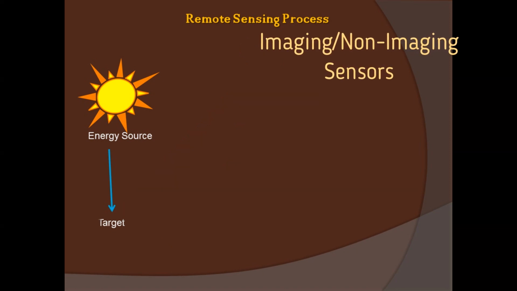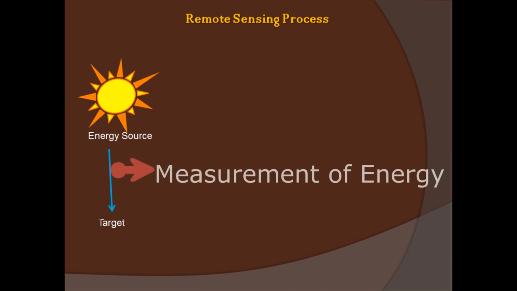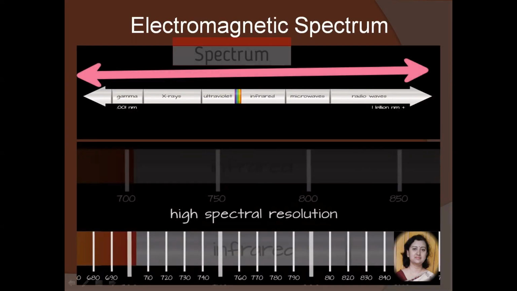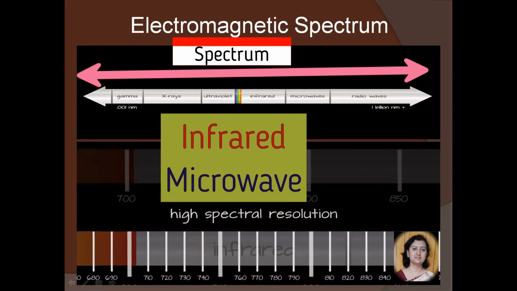Now, remote sensing involves the measurement of energy in many parts of the electromagnetic spectrum. The major regions of interest in satellite sensing are the visible light, reflected and emitted infrared, as well as the microwave regions.